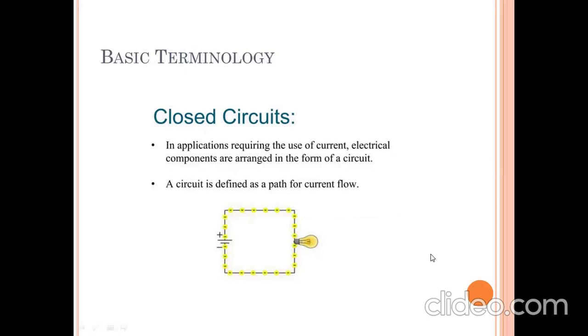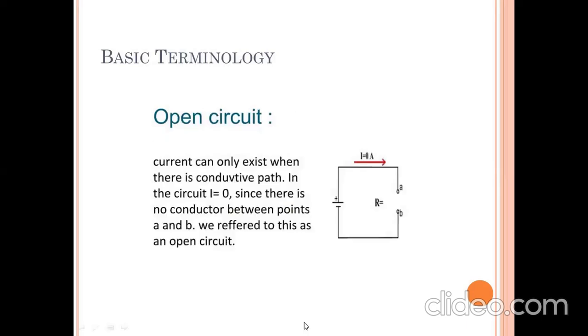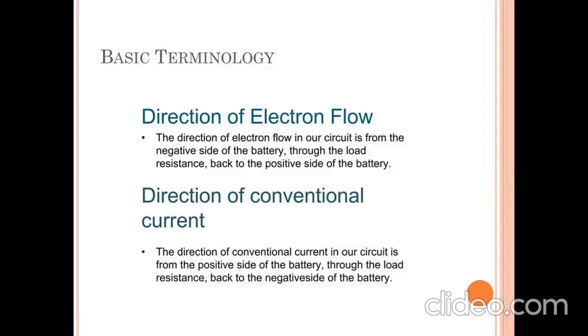That's why it is called as a closed circuit. Similarly, we have open circuit. So in open circuit, current can only exist when there is a conductive path in the circuit. So you can see here, there are 2 open parts, they are not connected. Hence, the current cannot flow from this part, and hence it is called as an open circuit.